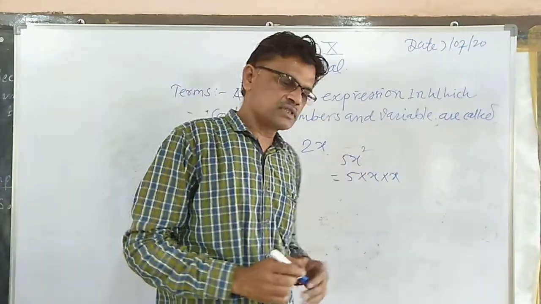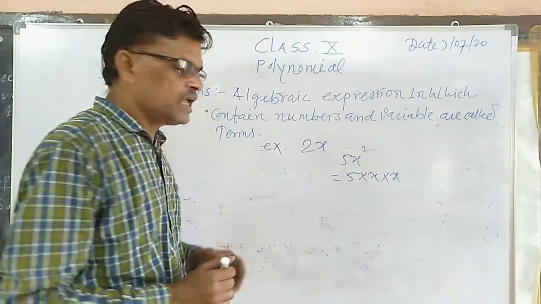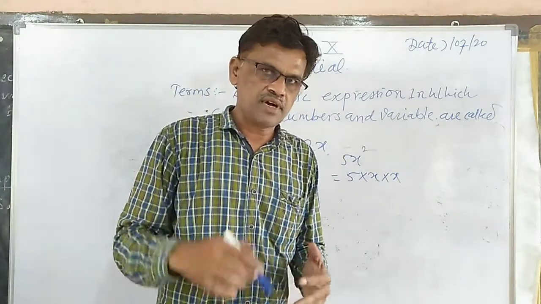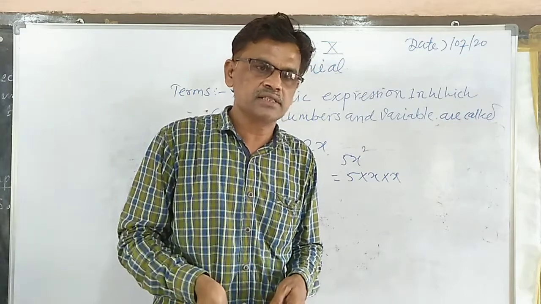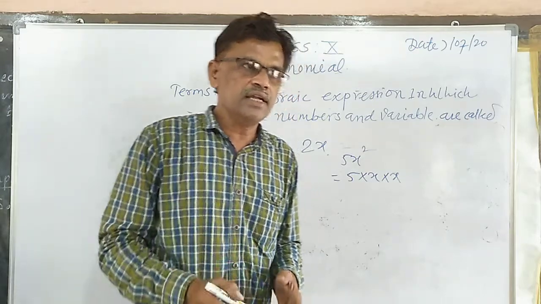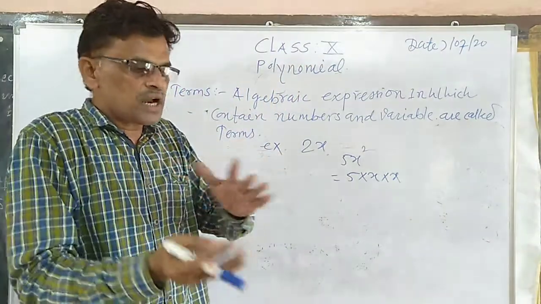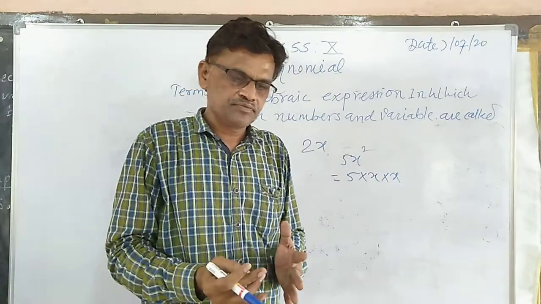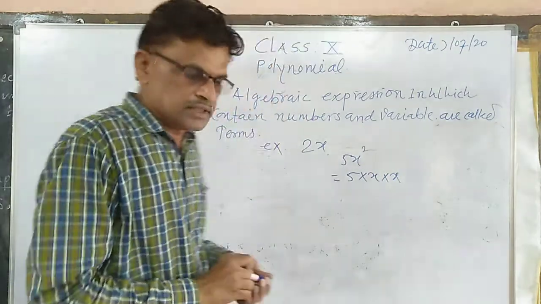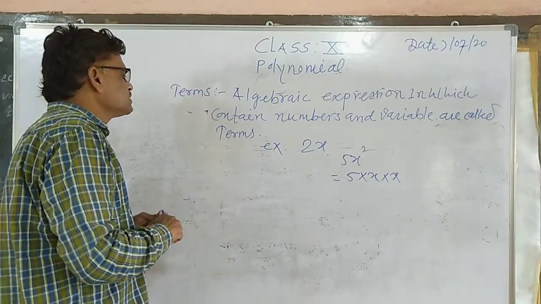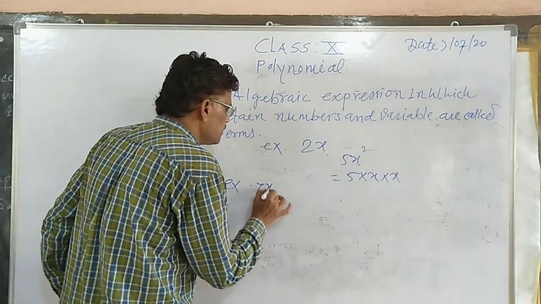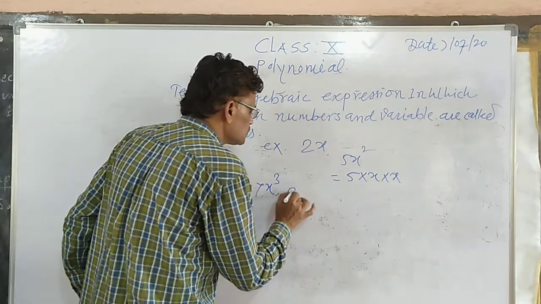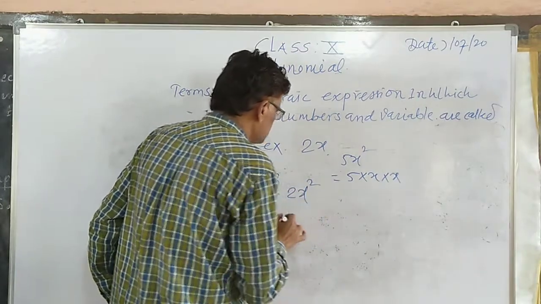So dear students, you are very clear about the terms. What is a term? A term is an algebraic expression containing numbers and variables. Let us see another example, that is 7x cube, 2x square.